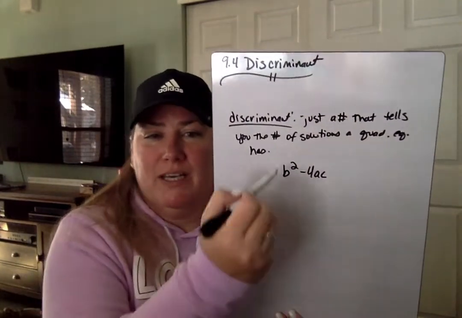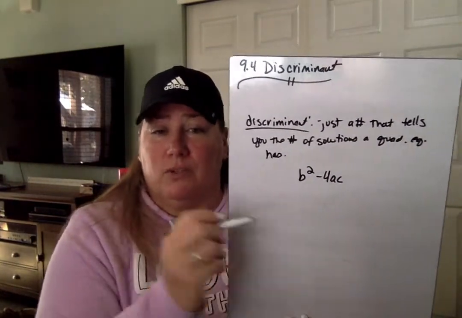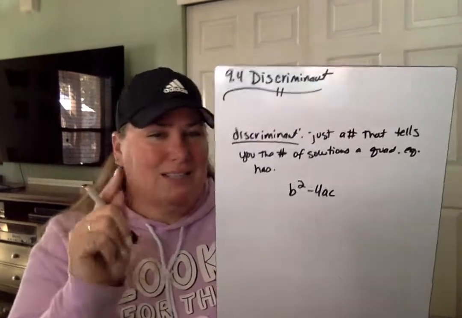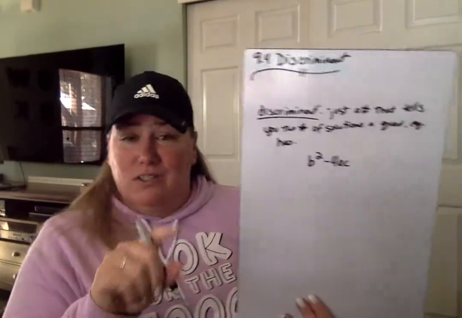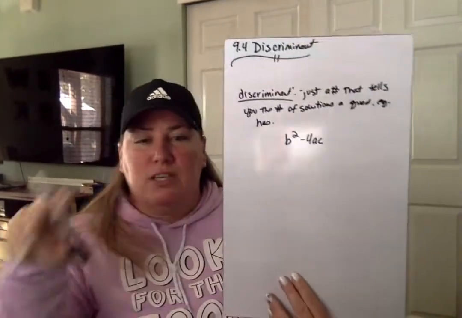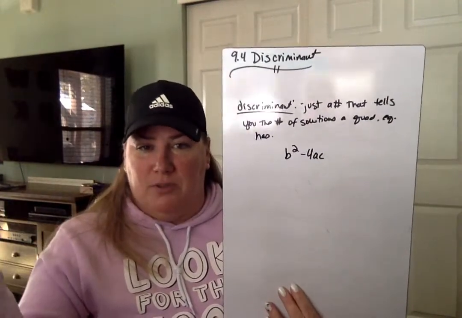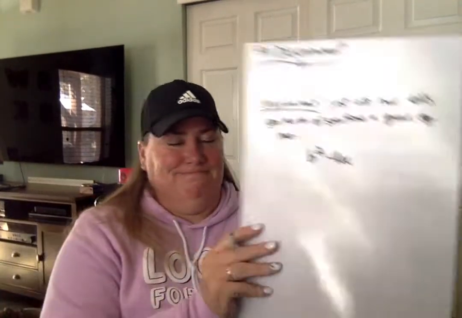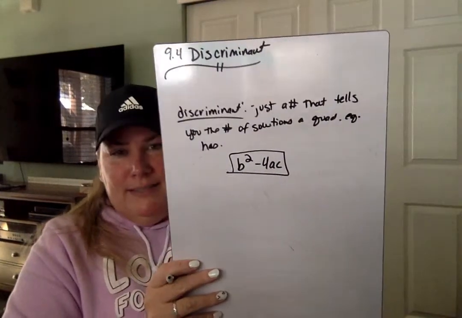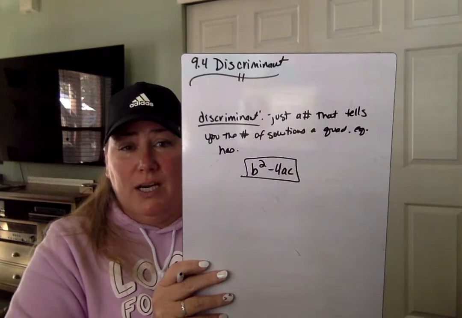Now, what you get as an answer for the discriminant will tell you the number of solutions, but I'm not going to tell you the number of solutions and what to look for. I'm going to see if you guys can figure it out after I do 3 different examples. So this is what we're going to be using. Okay, 3 examples. Here we go.